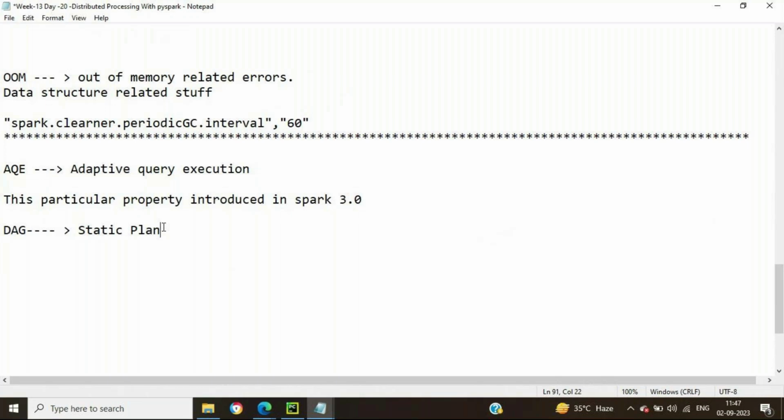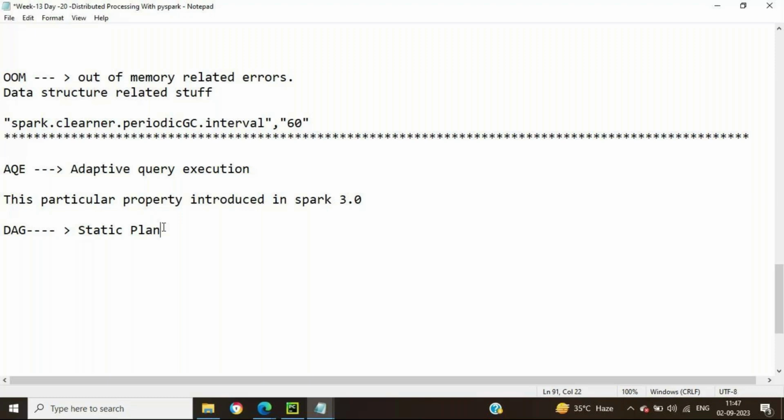We need to prune certain partitions and certain columns. Those are the things we need to do in order to get better performance.